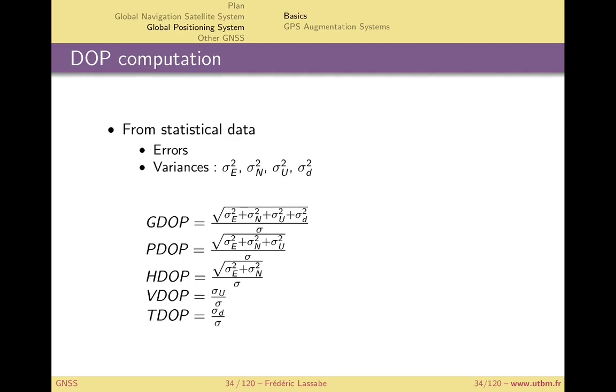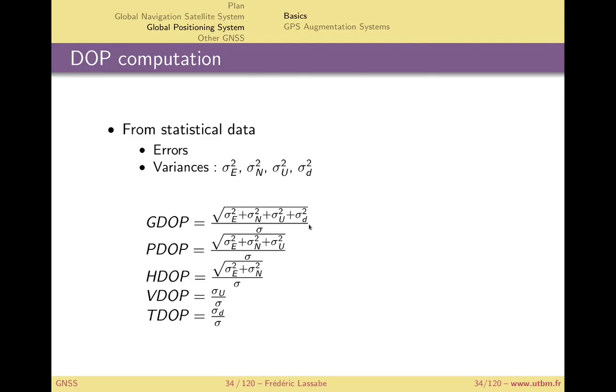So the GPS system gathers the variances of the x, y, altitude and distance, which is the time variances and errors.